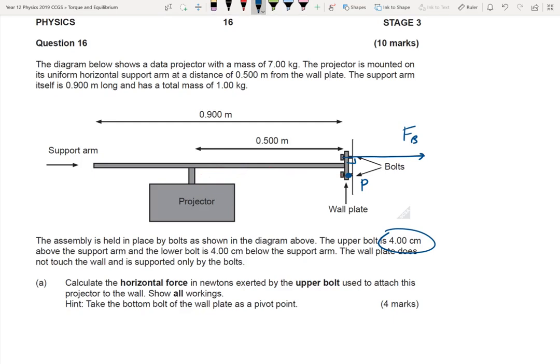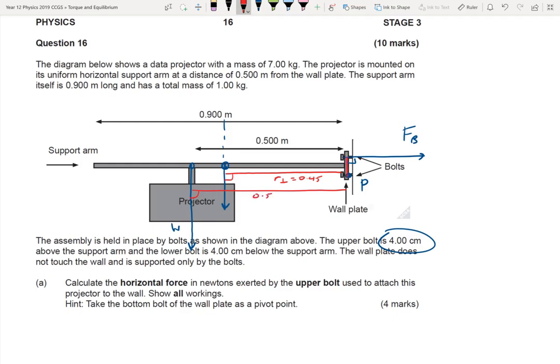Let's draw the weight force of the projector, and let's draw the weight force of the support arm, which is going to act midway along its length, in which case R perp is simply 0.45 and R perp is 0.5.